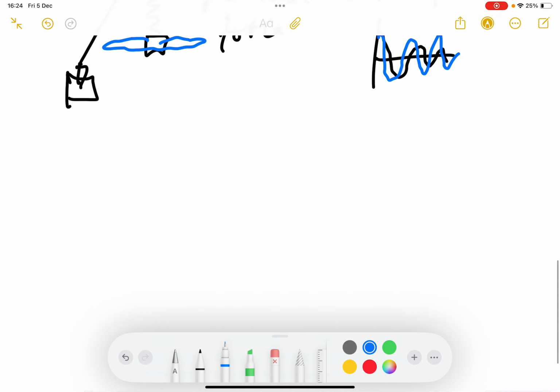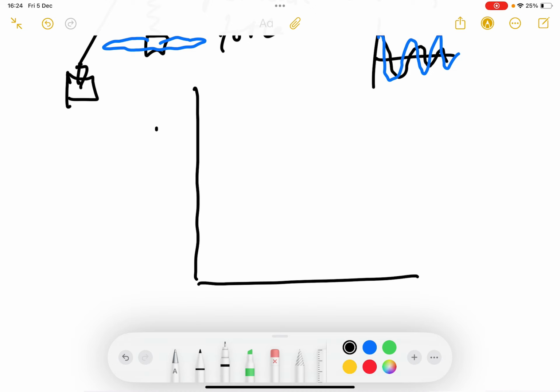So we sketch a graph of the amplitude of the oscillations against the applied frequency. And a key thing to note is the natural frequency. So that's the frequency it most wants to oscillate at. So at a very low frequency, our oscillator's amplitude will be the same as the amplitude of the driver.